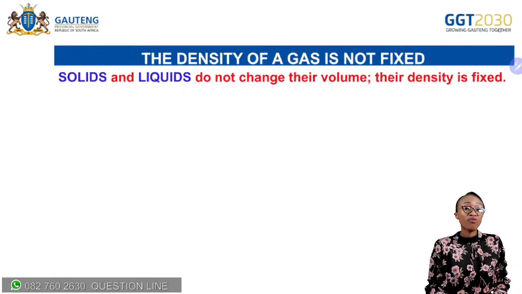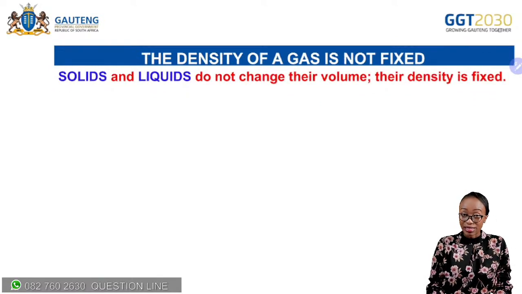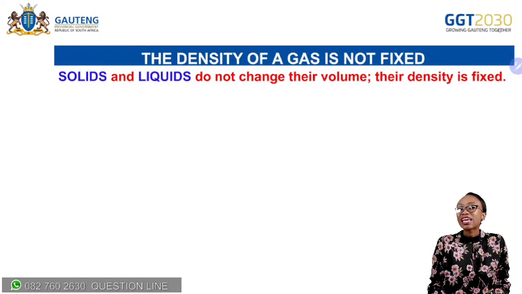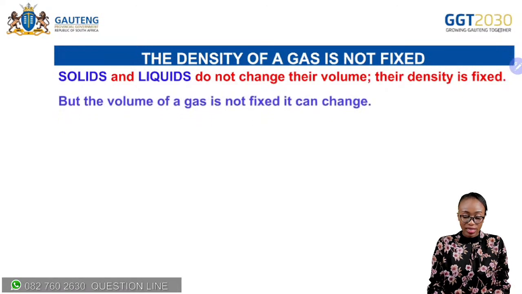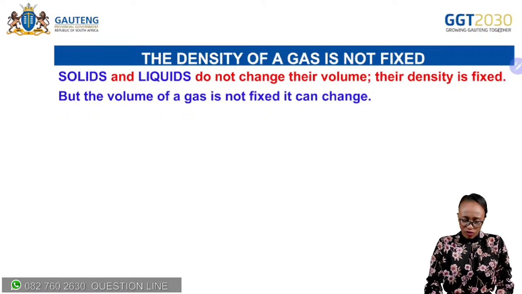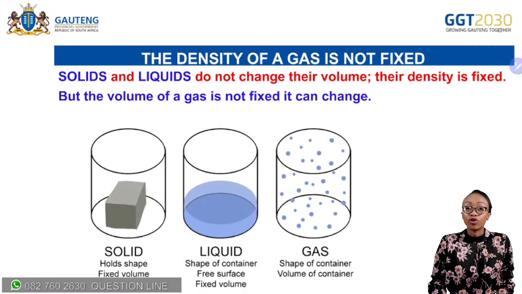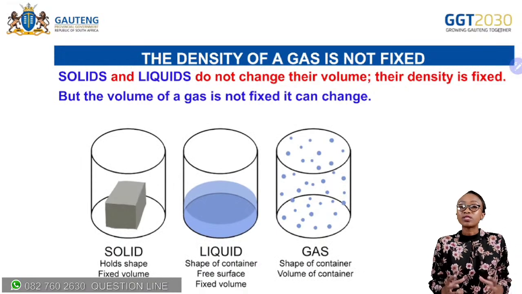The density of a gas is not fixed, but solids and liquids do not change their volume, which renders their density fixed. The volume of a gas is not fixed and it can change. Remember, we said the gas fills up the spaces.